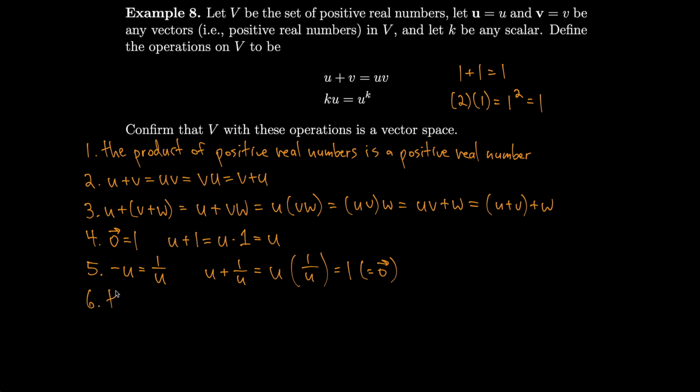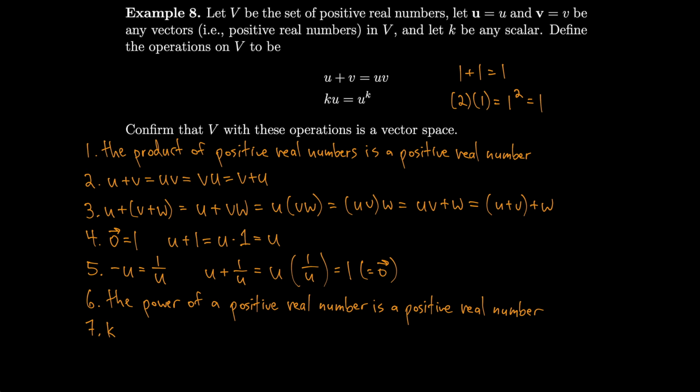For 6, same as number 1, the power of a positive real number is a positive real number. So this is closed under scalar multiplication because it's closed under exponentiation.